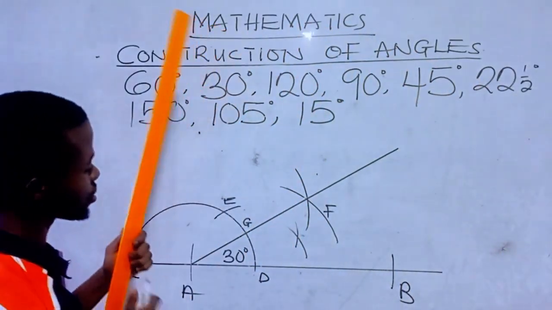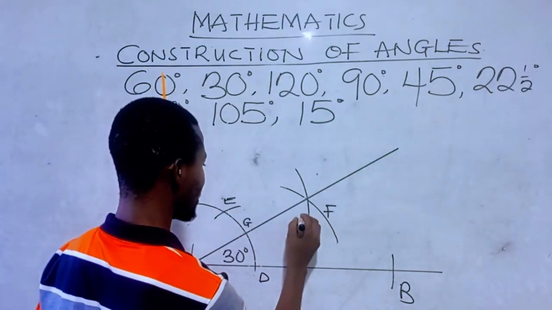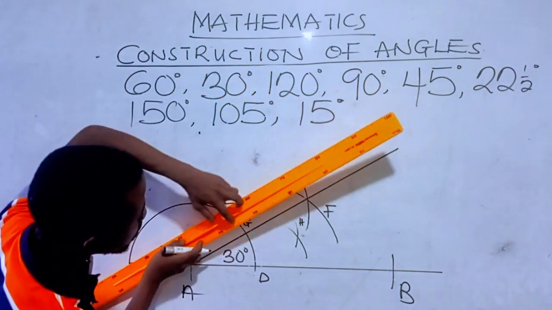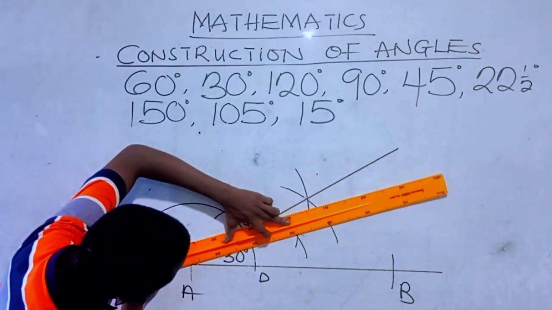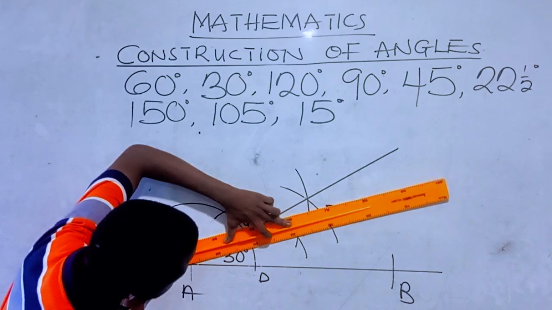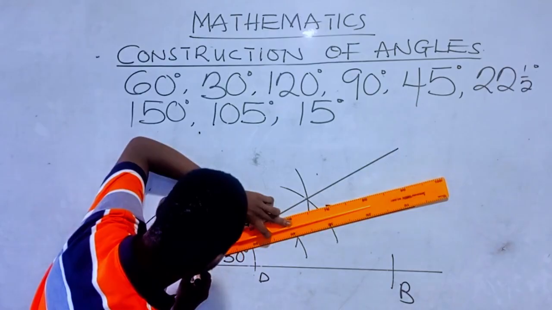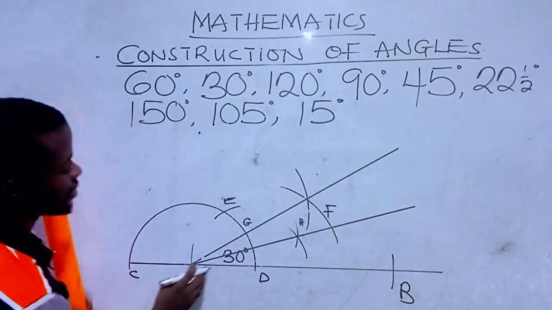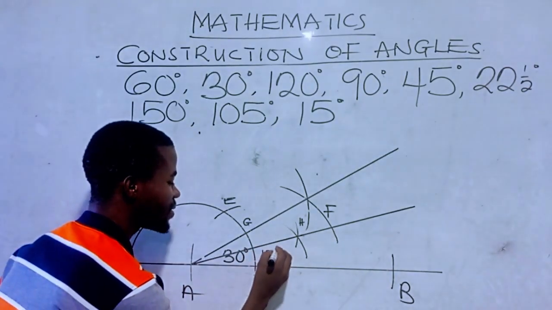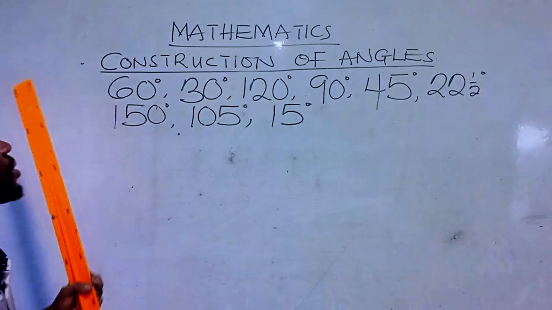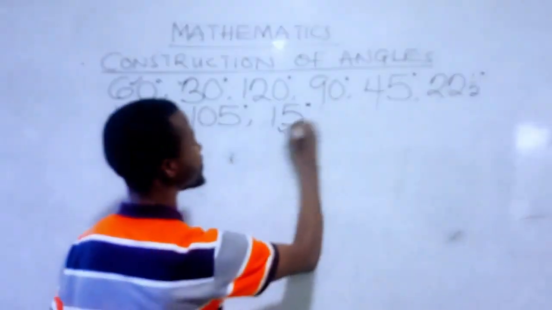And I'll draw a line from A. Let's say this place is H. I'll draw my straight line from A to pass through H like this. Now I divided this 30 degrees into 2, which means that this one is 15 degrees. So we've done 60 degrees, we've done 30 degrees, and we've done 15 degrees.